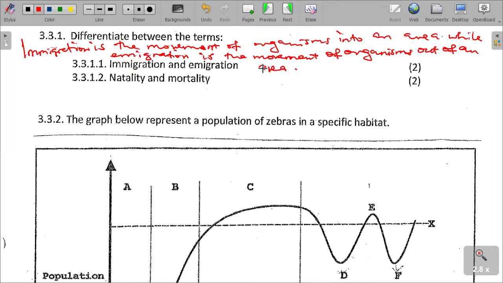That's what we call emigration. So immigration is movement into, and emigration is movement out of an area.